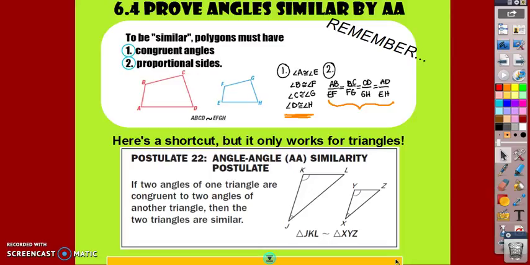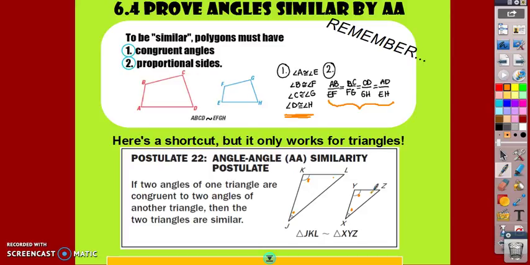On top of that, we really technically only need to check 2 sets of angles, set 1 here, set 2 here, because if those 2 angles are congruent, we know the third one will be congruent. A long time ago we learned the third angles theorem, but basically if those 2 are the same, you do 180 minus, and then angle L is going to have to match angle Z. So that's good news for us.